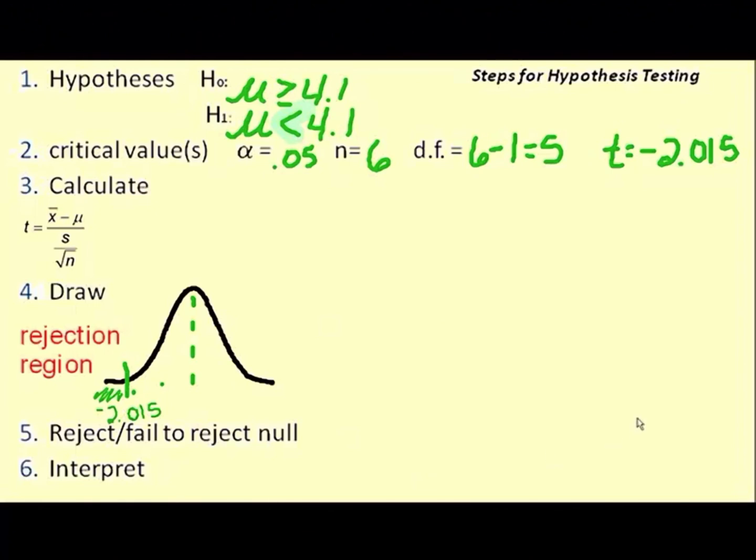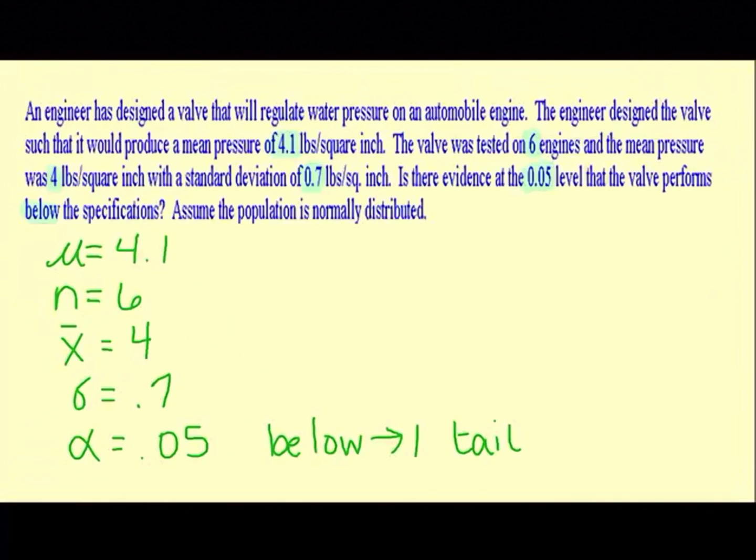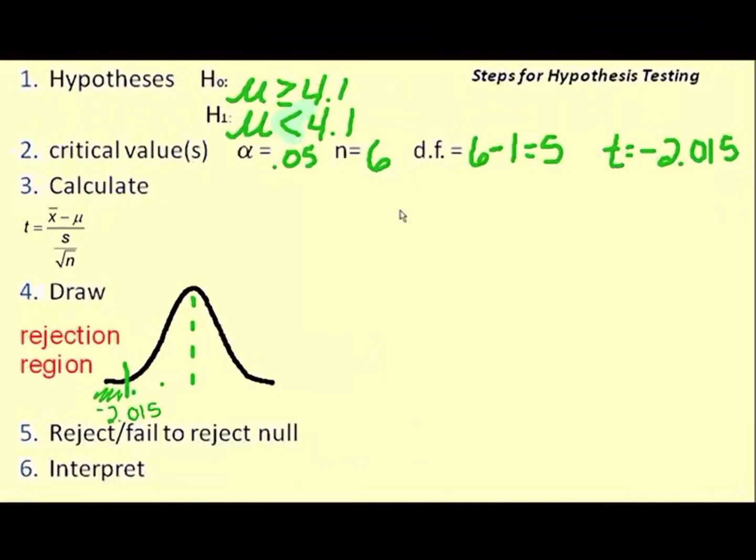Now let's go get the calculated value. Back to the original data. X bar was 4, standard deviation 0.7. Other given information, square root of 6. On the numerator, negative 0.1.